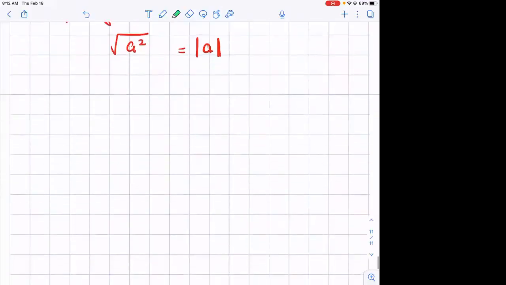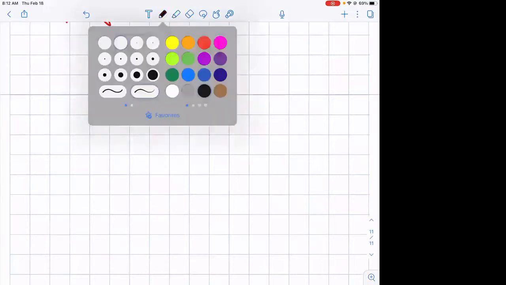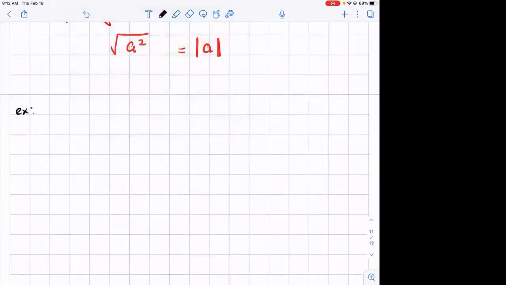But let's look at one more example before we finish. Example: simplify. And we will look at the square root of 50 x squared y cubed divided by 3z.